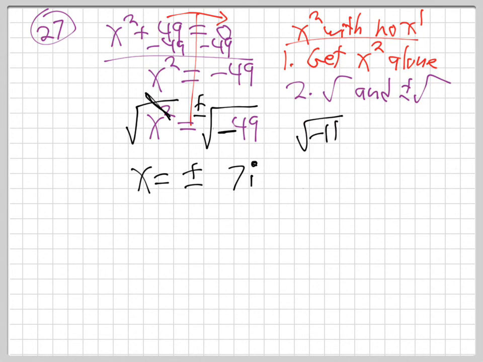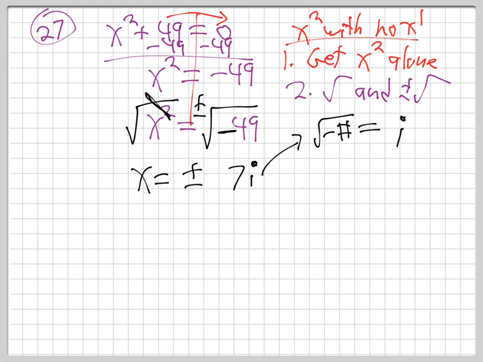Whenever you have the square root of a negative number, you end up having an i pop out. It becomes imaginary because you can't take the square root of a negative number. You try it in your calculator, it'll give you an error. But it's a simple rule. We just pop out the i.